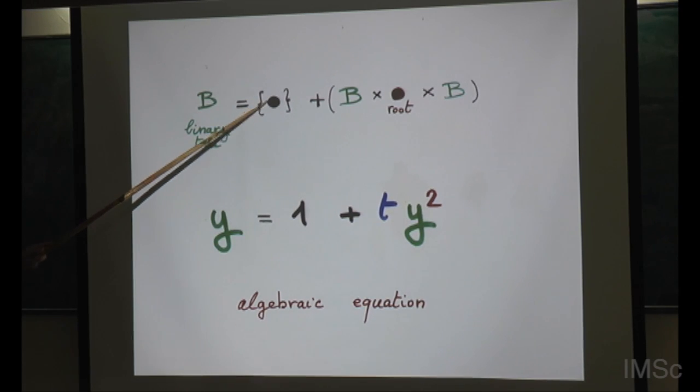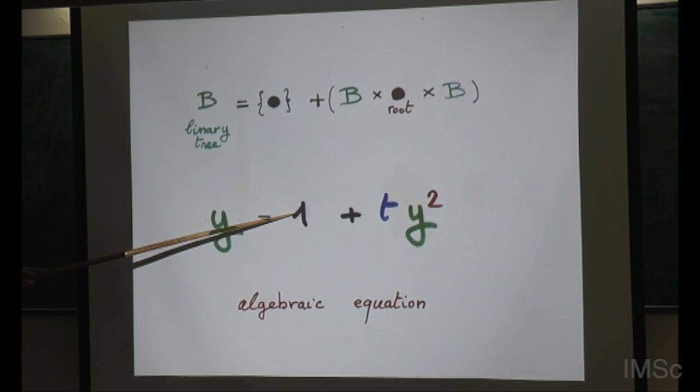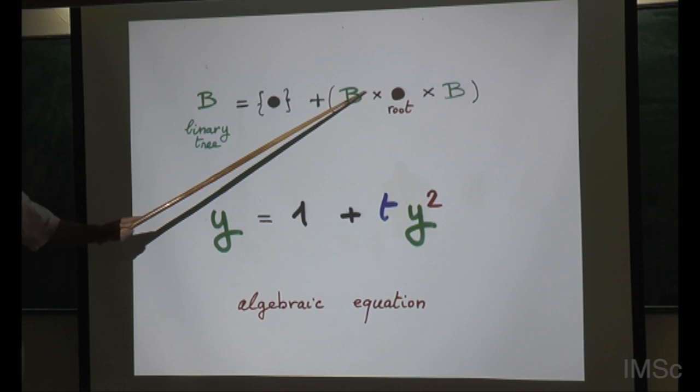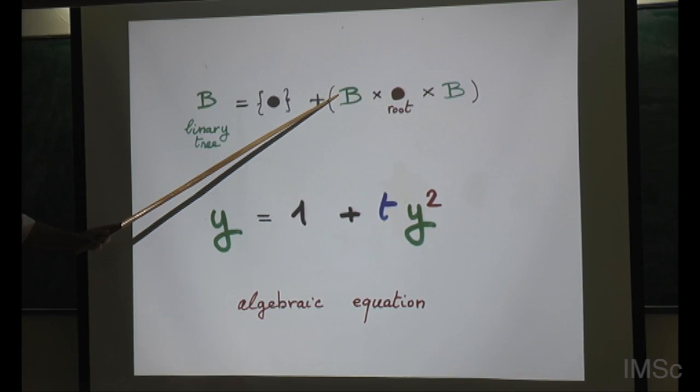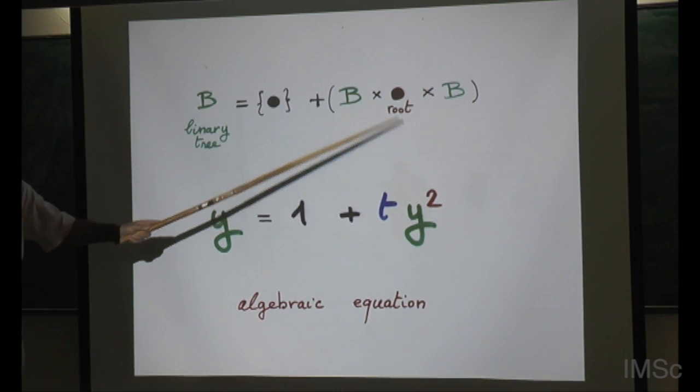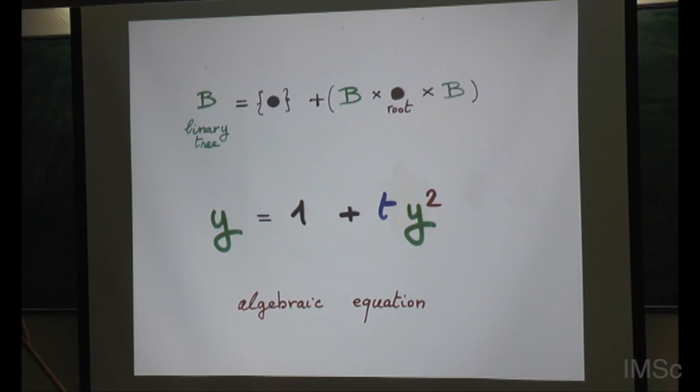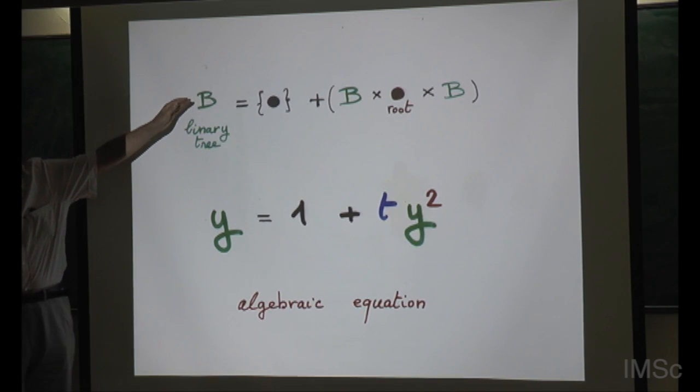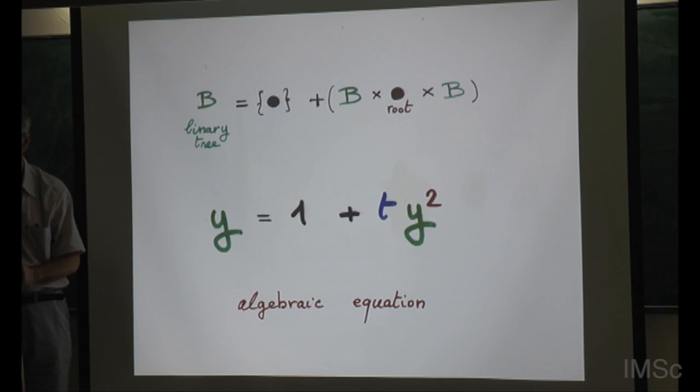This is an external vertex, so there is 1. And this is a product of three things, the root, b and b, which gives you t y squared. So once you have the formal definition of product, sum, and operations on combinatorial objects, you can go immediately from the definition of the binary tree to this equation without any recurrence relation.